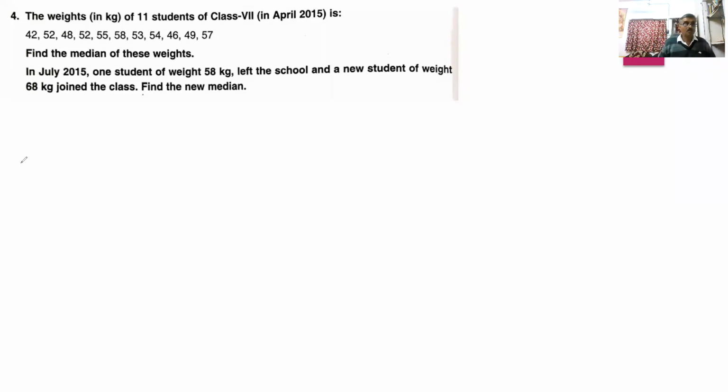Solution. Arrange the observations in ascending order.